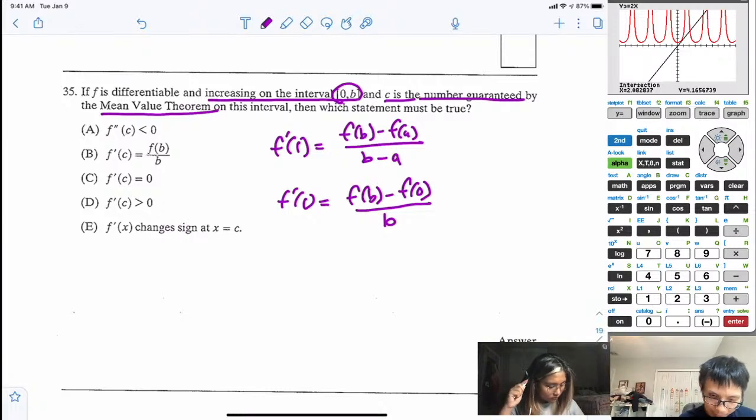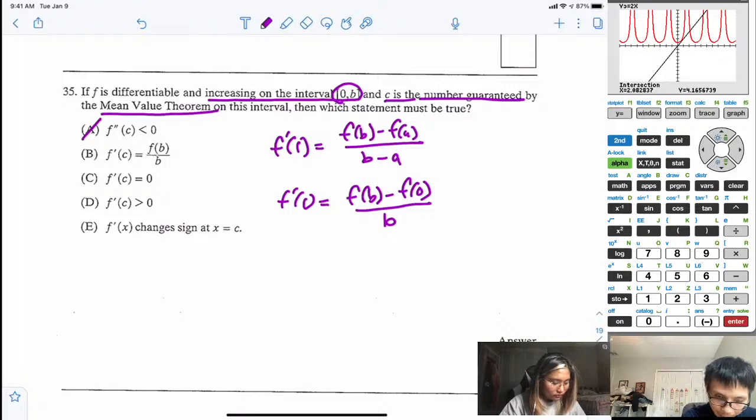Now, which statement is true? F double prime of c, it definitely doesn't guarantee that, because the theorem did not talk about double prime, which could be less than 0. So definitely not A, because that's not something the mean value theorem talks about.